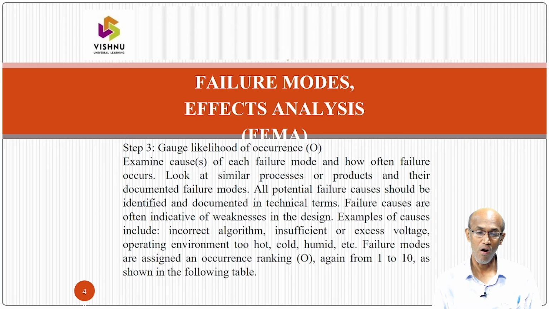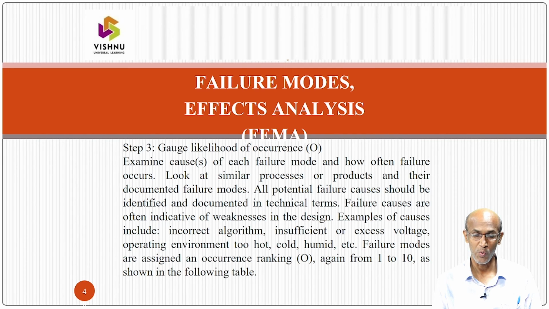Step 3. Gauge likelihood of occurrence. Examine the causes of each failure mode and how often failure occurs. Look at similar processes or products and their documented failure modes. All potential failure causes should be identified and documented in technical terms. Failure causes are often indicative of weakness in the design.